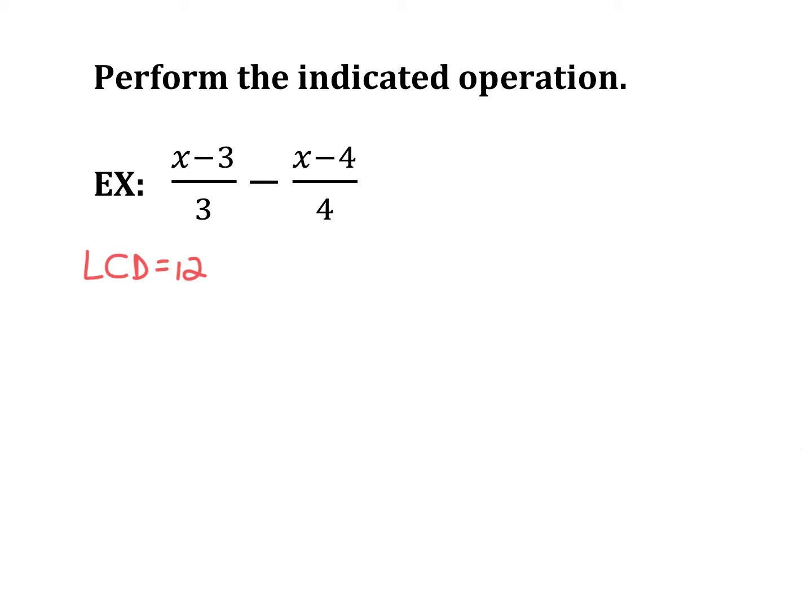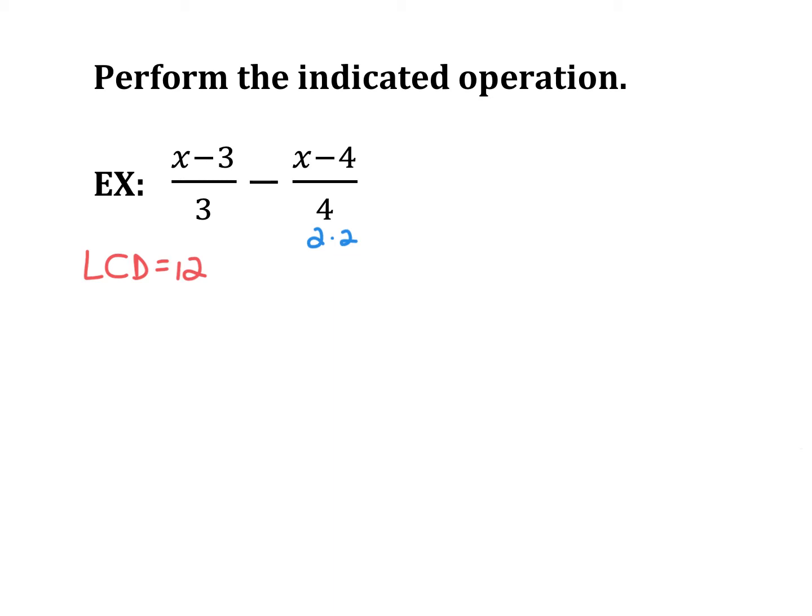One thing I do want to add on this one, though, is if we look at the factors of these denominators. Again, the factors of 3 are 1 and 3, and the factors of 4 are 2 times 2. So if we look at that least common denominator from that perspective, we can build our way towards it by taking 3 times 2 times 2.